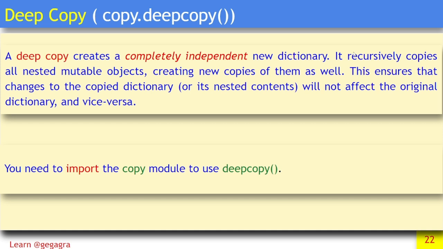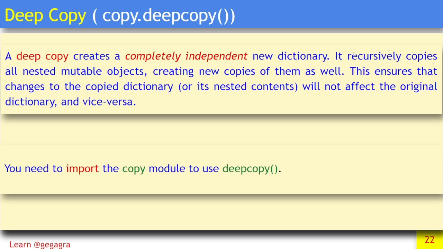But if you want to really create a copy of the dictionary, there should be two copies. In an alias, the dictionary is one, but two names are there. But over here there will be two dictionaries, and both are different from each other.